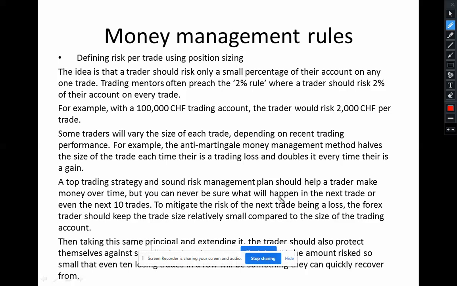But you can never be sure what will happen in the next trade or even the next 10 trades. So to mitigate the risk of the next trade being a loss, the forex trader should keep one trade size relatively small compared to the size of the trading account.